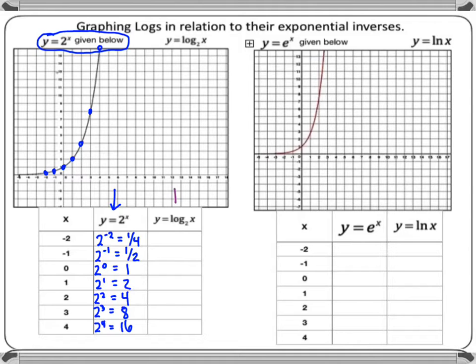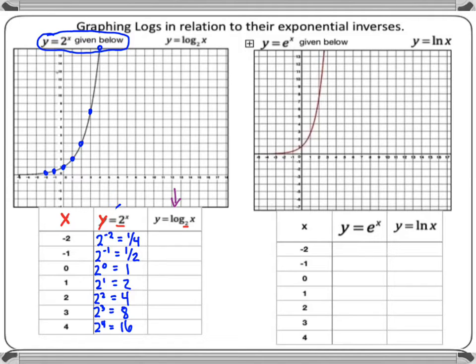Anytime you have two functions with the same base, they are going to be inverses of one another when one is exponential and one is logarithmic. So something important to remember as we navigate through these is that these are all the x values to start off with, and these are the y values.